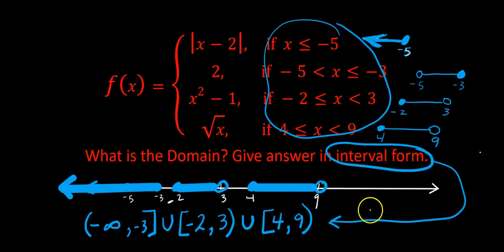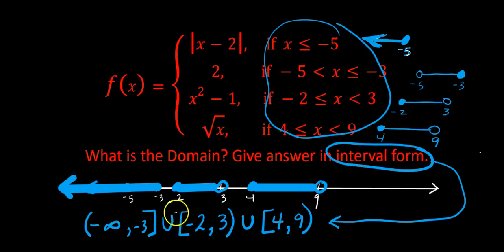But you were asked for interval form. And so the best way to write interval form, if you're not confident in doing that, is to draw the number line and then read the number line off from left to right. You draw a square bracket if the endpoint is contained, and you have a parenthesis if it's not contained. And for positive or negative infinity, always use open parentheses.